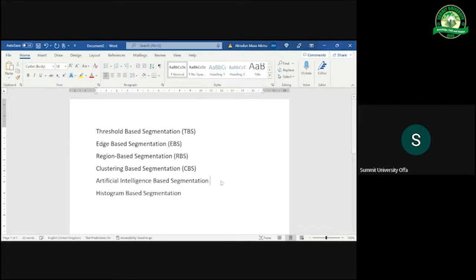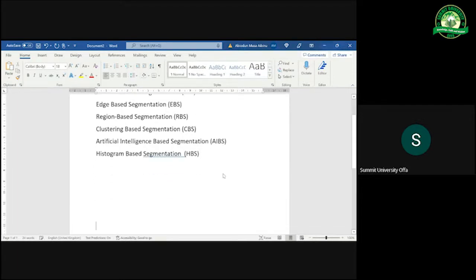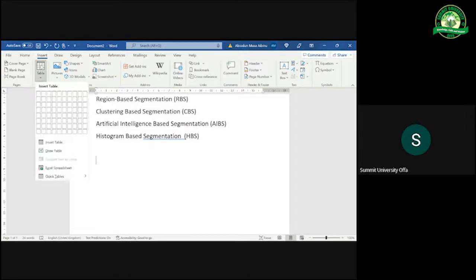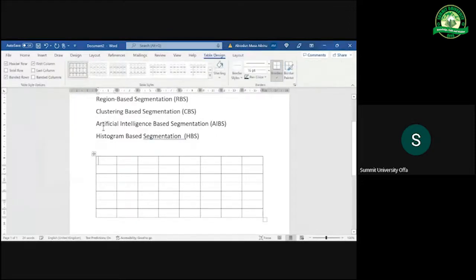This one, we can use AIBX. This one, we can use HBX. So what I'm now asking is that in those papers that use segmentation technique, you go and find out what type of segmentation techniques the authors have used.